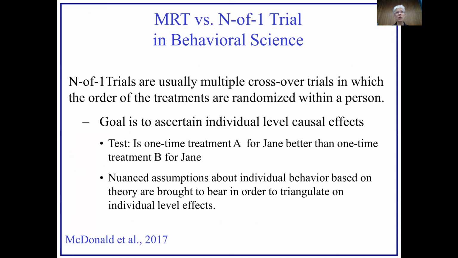We try to get close to the individual by having a good measure of context, a relevant measure of context, and we want to know whether or not our treatment impacts you differentially depending on the context or how the context evolves over time. But we don't go directly after individual level effects. Micro-randomized trials are much more from a standard clinical trials perspective in which you use multiple individuals.